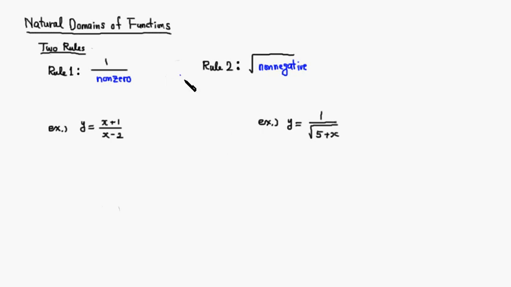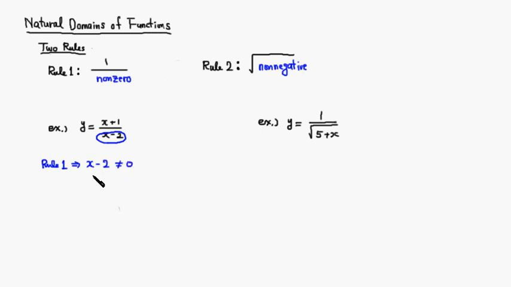All right, so let's try to find the natural domain of each of these functions. First one, we see a fraction, so we have to make sure that the denominator, which is x minus 2, is non-zero. Rule number 1 tells you that the denominator, in this case x minus 2, has to be not equal to 0.